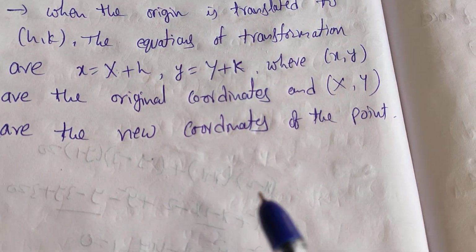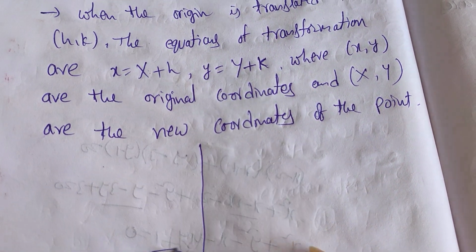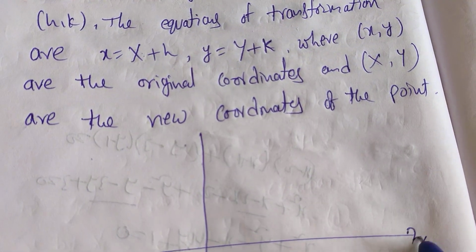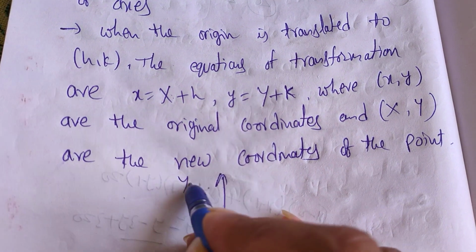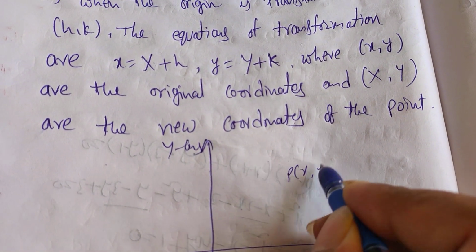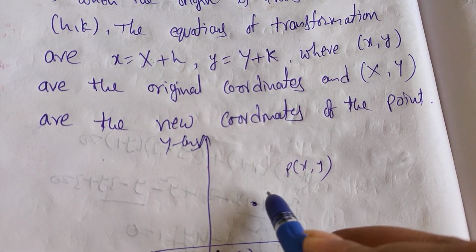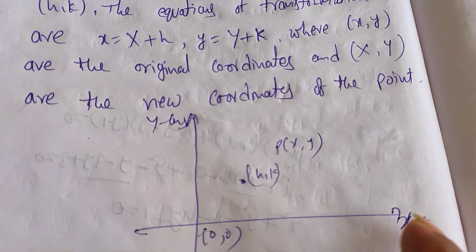That means I just want to discuss this one. Here, suppose this is the x-axis and y-axis. Let us consider one point P(x, y) here, and this is (0, 0). Here, (h, k) is any point on the same plane.